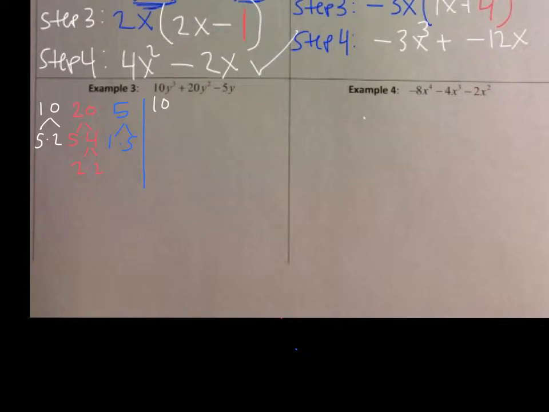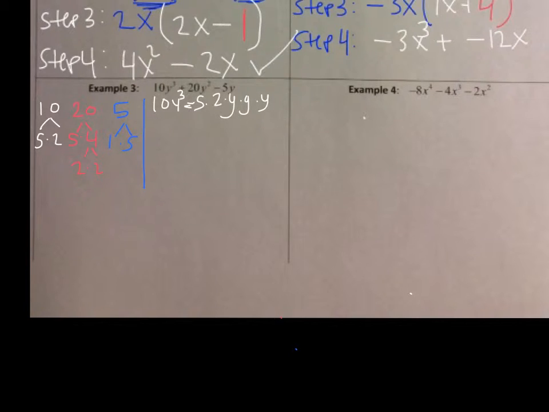So 10y cubed equals 5 times 2 times y times y times y.